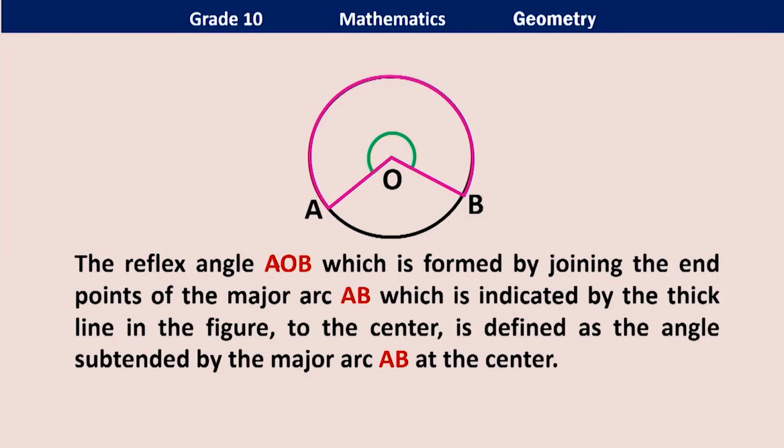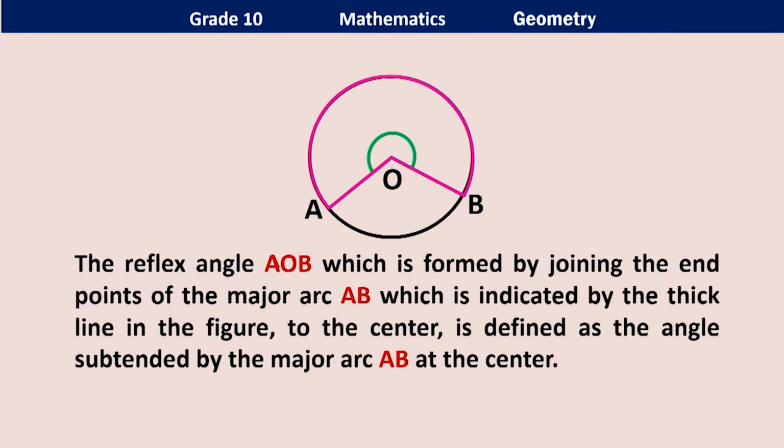So, we can say the reflex angle AOB, which is formed by joining the endpoints of the major arc AB, which is indicated by the thick line in the figure, to the center, is defined as the angle subtended by the major arc AB at the center.